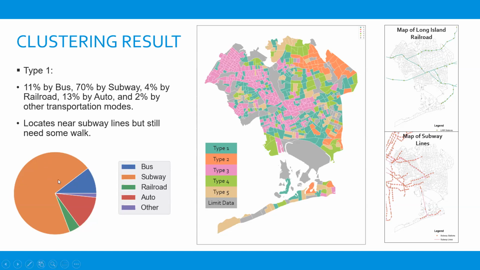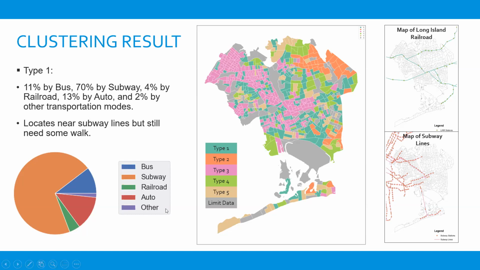So subway is still the majority of the way that people choose to go to work. And there's still 11% by bus because for some of the locations here, access to the subway line is not as convenient as those census tracts directly along the subway line.